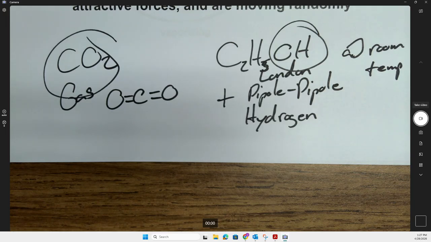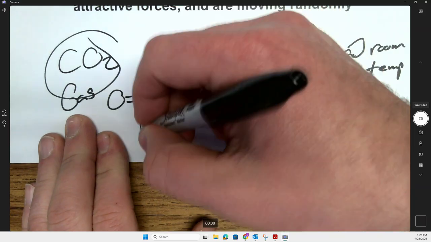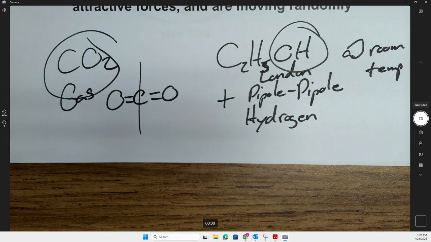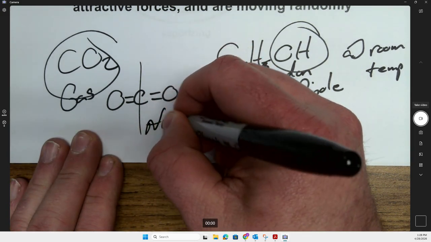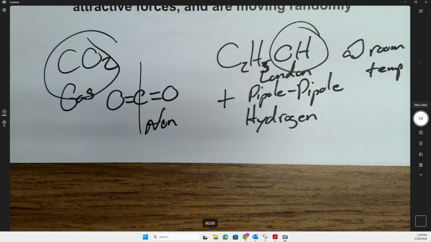I should be able to see, because carbon dioxide is symmetrical, meaning if I split it in half, I get the same thing on both sides, it's non-polar. Meaning it's not going to have a lot of interactions with other things.